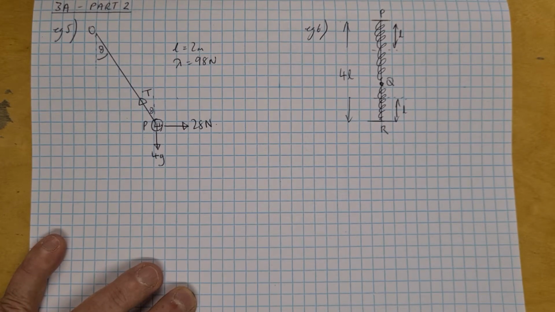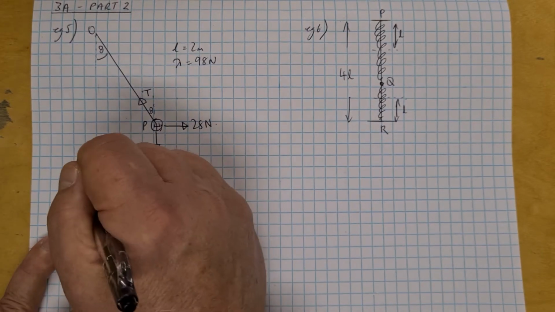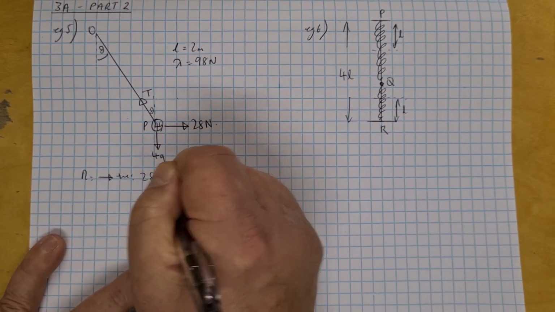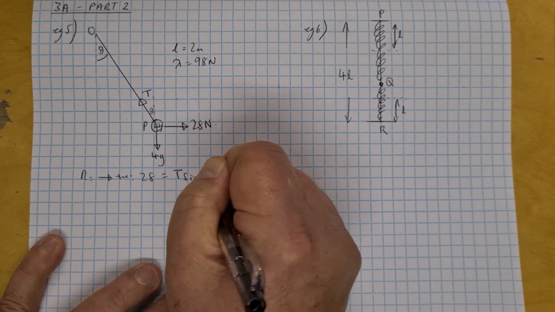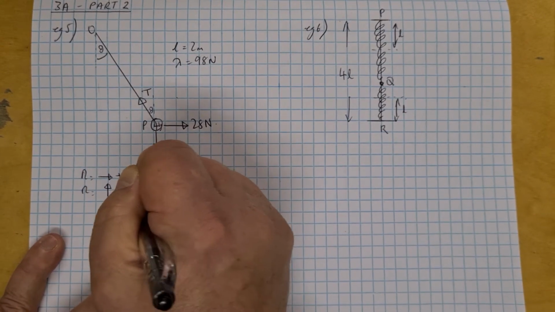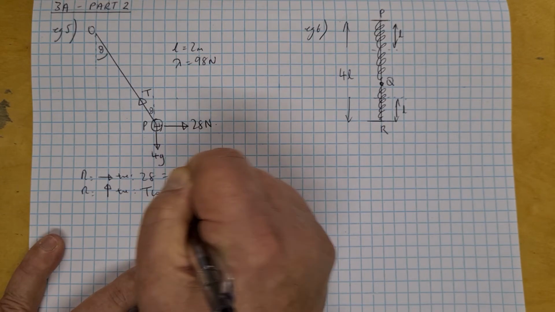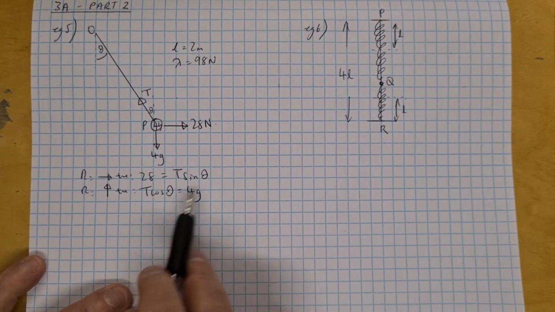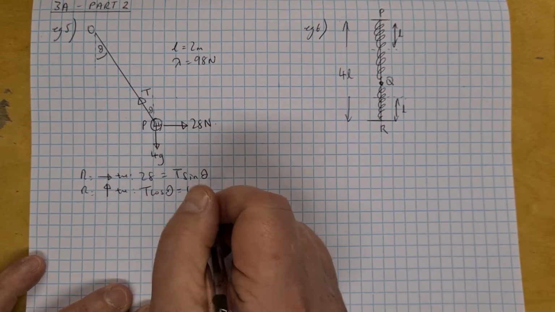Now again, we're told it's held in equilibrium, so we can resolve in each direction. So first of all, if I resolve horizontally, we've got that 28 is going to equal T sin theta, and if we resolve vertically, we have that T cos theta equals 4g. So straight away we can find our angle by dividing our two equations.